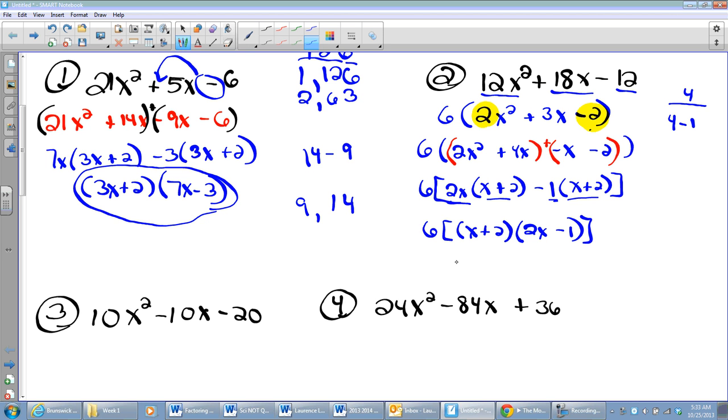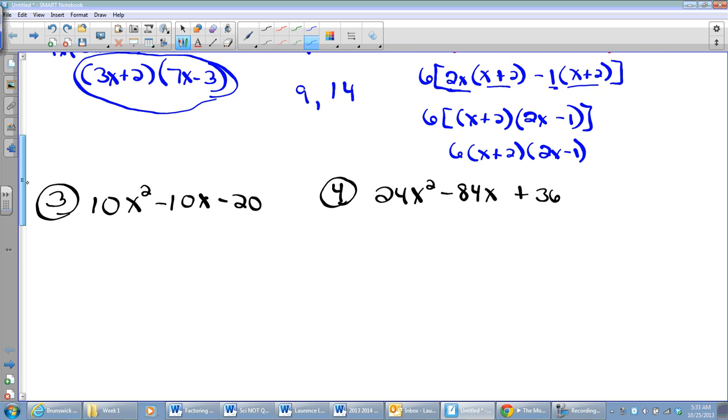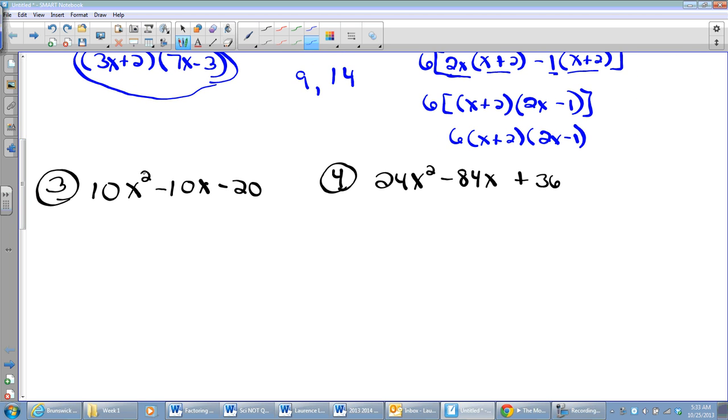Okay. Now the best answer wouldn't have this extra set of brackets in it because they're unnecessary now. I needed them to help me understand what was going on, but here's my best answer. So I GCF the trinomial first. You know what? It's just a smart idea to check for a GCF first. The other problems we've done didn't have one.